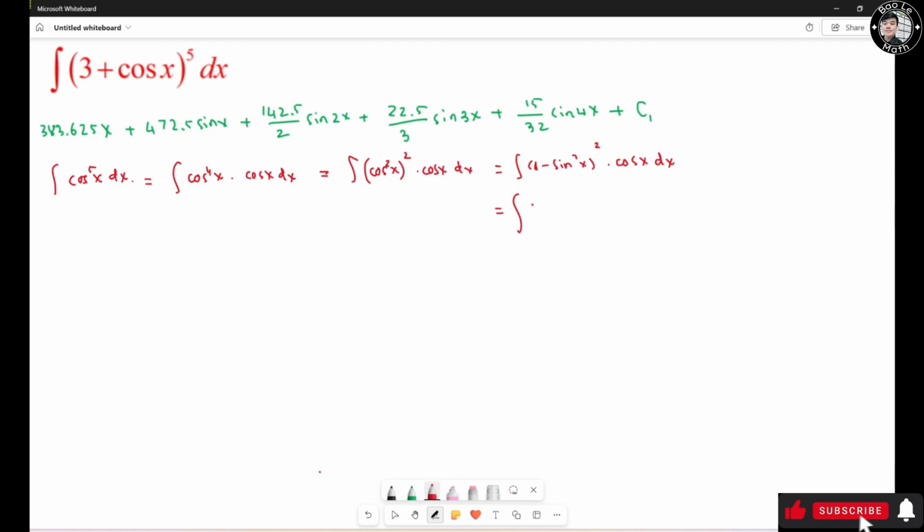Now we need to expand this one, so it turns out to be 1 minus 2 sine square of s plus sine to the 4 of s, right? Times cosine s ds, I can write this one as d sine s, right? So this guy turns out to be sine s minus 2/3 sine cubed of s plus 1/5 sine to the 5th of s plus c2, right?